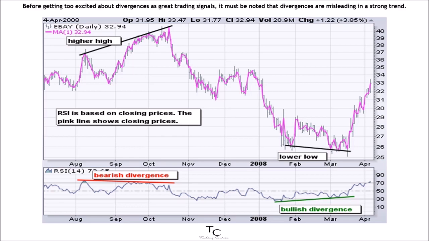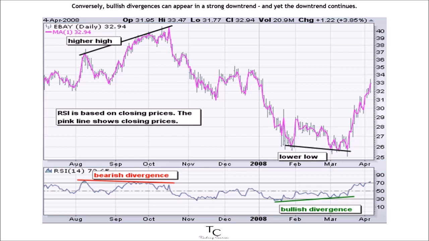Before getting too excited about divergences as great trading signals, it must be noted that divergences are misleading in a strong trend. A strong uptrend can show numerous bearish divergences before a top actually materializes.